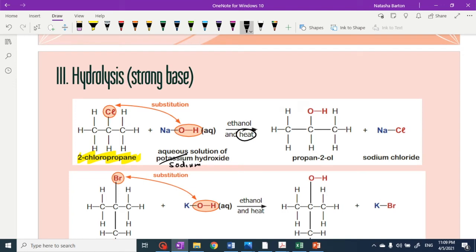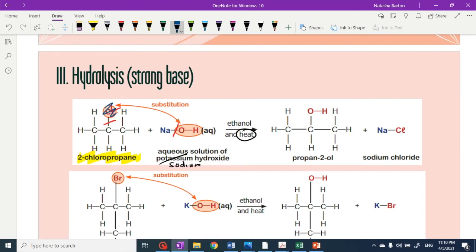When this reaction takes place, the chlorine atom, which is our halogen, is going to break off from the carbon. The OH from the sodium hydroxide, which is actually already dissociated, so we have sodium positive ions and OH negative ions floating in water, is going to covalently bond onto our carbon where our chlorine used to be.